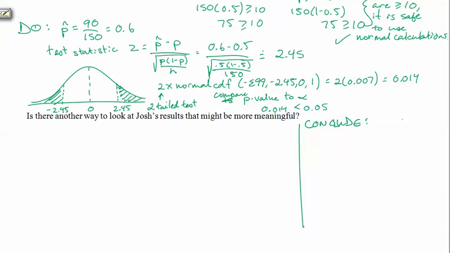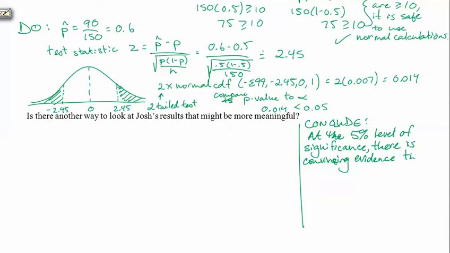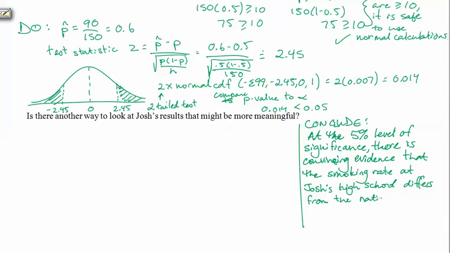Conclude that at the 5% level of significance, there is convincing evidence that the smoking rate at Josh's high school differs from the national average of 50%.